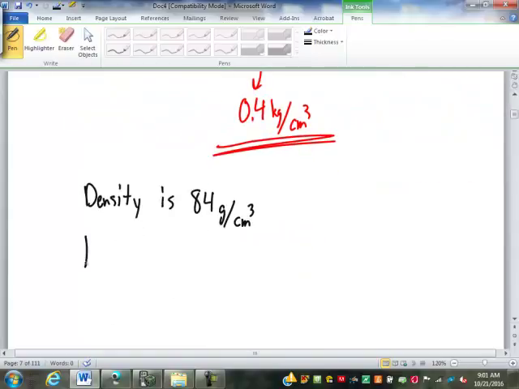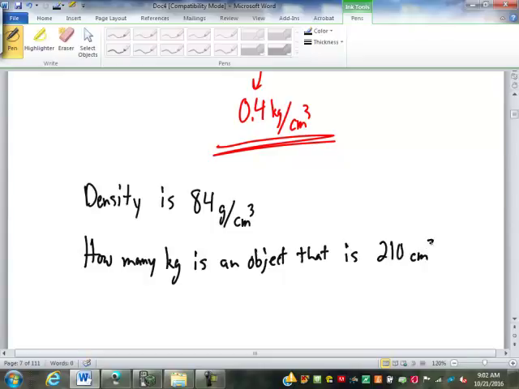And I ask you how many kilograms is an object that is 210 cubic centimeters.